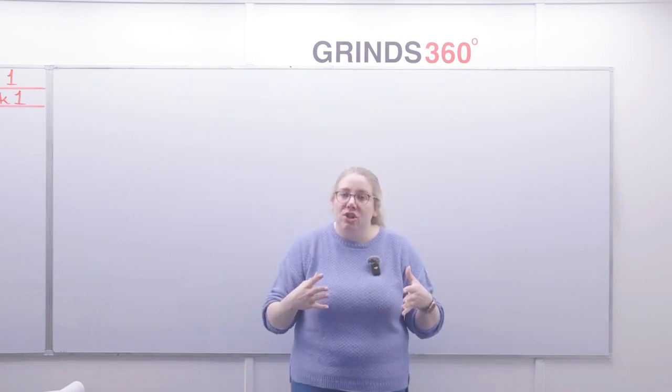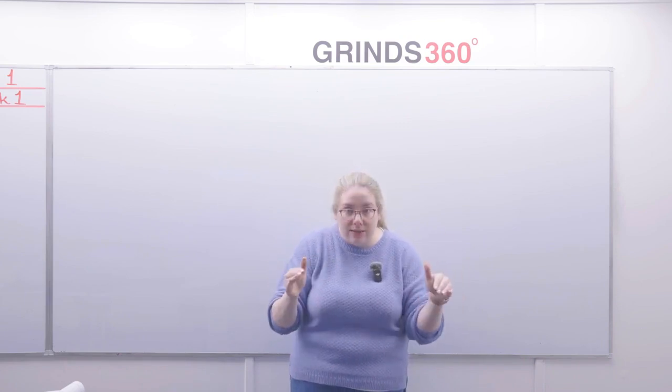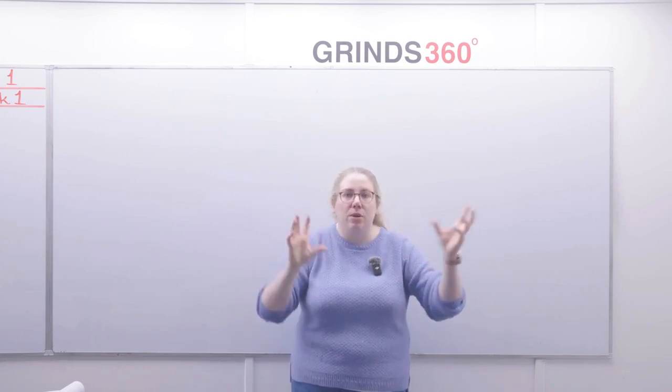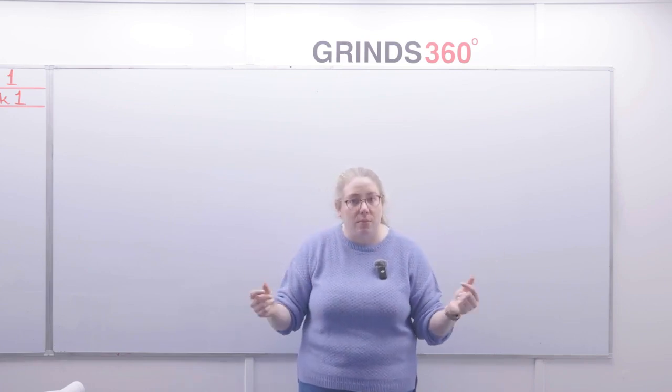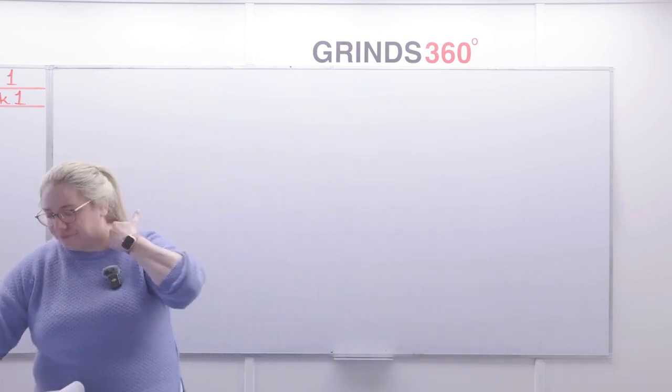If it doesn't mention shape, your examiner is not going to be nitpicking on shape. So if it just asks you to draw a dot and cross diagram for ammonia, and it just leaves it at that, then all I want is ammonia. It doesn't matter how you arrange your atoms as long as there's a correct number of them and the electrons are correct.